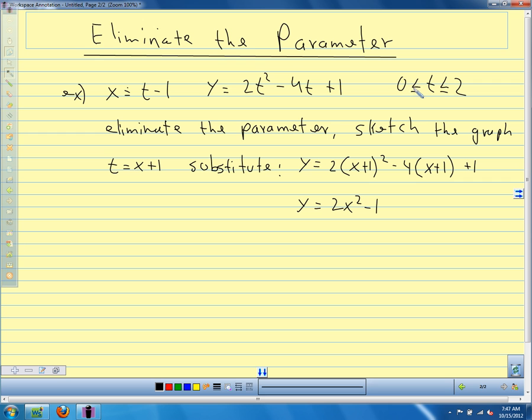So if t is between 0 and 2, what is x going to be between? X is going to be between negative 1 and 1. So I'm just using the domain on t to figure out my values for x. So this is my rectangular equation. This is my domain for my rectangular equation. So now we can sketch our graph.